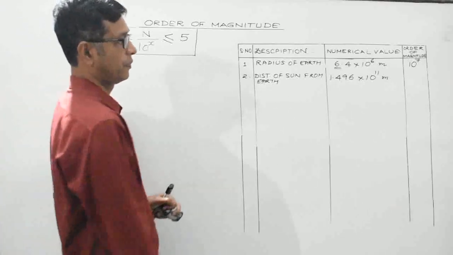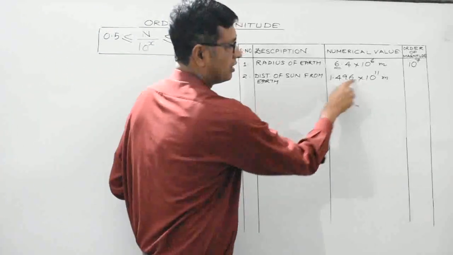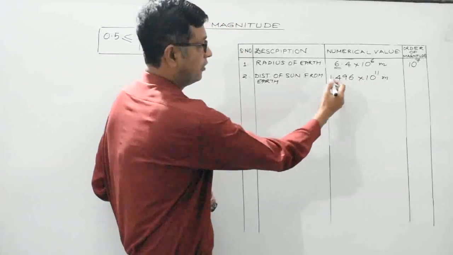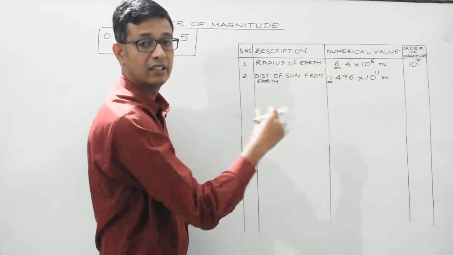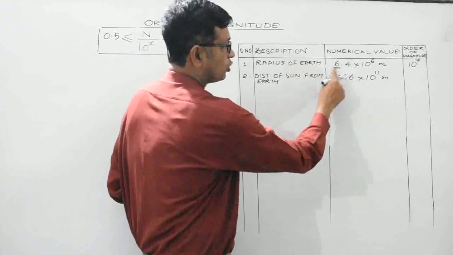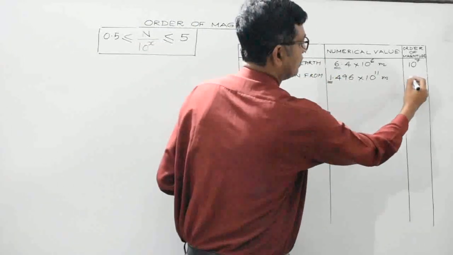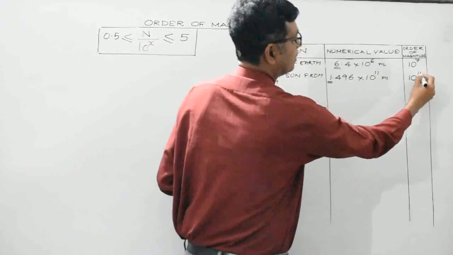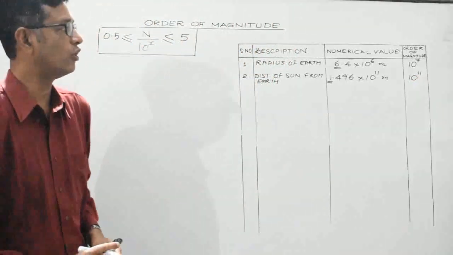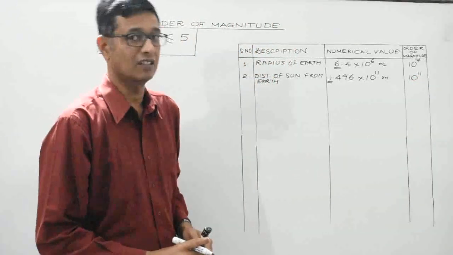Now look, here it is already written in the standard form. The first digit is less than 5, so it is to be considered as 1. 1 into 10 raised to 11, that is 10 raised to power 11, must be the order of magnitude of the distance of Sun from the Earth.